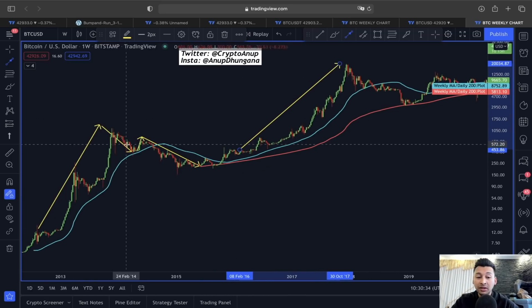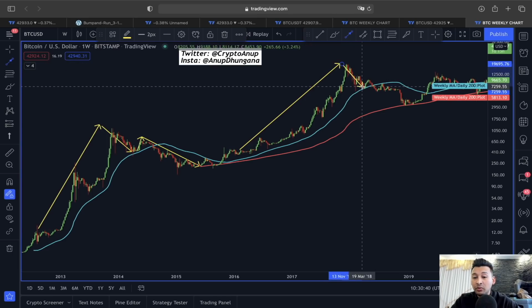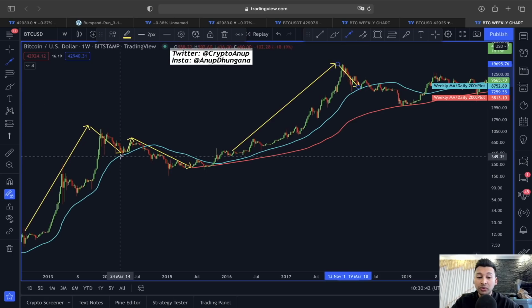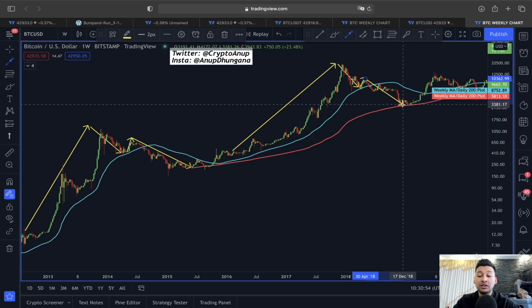Just like here, you can see we had this price retracement where we came to retest the 50 weekly moving average, got a support just like a relief rally, but this relief rally could not last longer, and as soon as we lost the support from this 50 weekly moving average, we got gravitated towards this red line, which is the 200 weekly moving average, calling it a bottom.